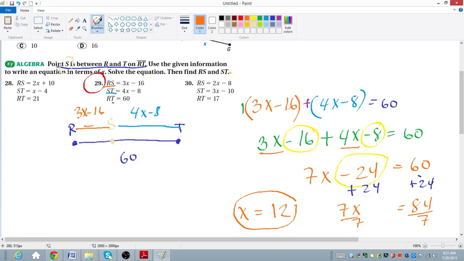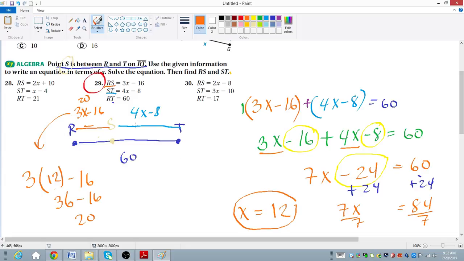Now, if I plug it back into the orange, that'd be 3 times, wherever I see x, I put a 12, minus 16. Well, what is that equal to? This is 36 minus 16. Then I'll get 20. So the orange segment here is 20.